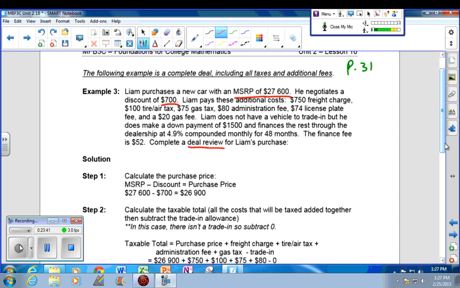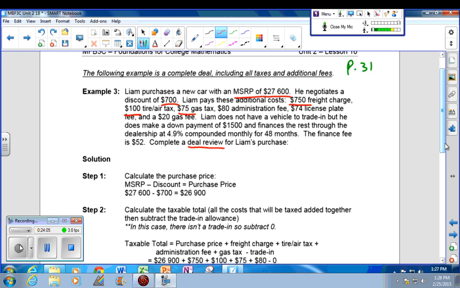Liam pays these additional costs. So there's a $750 freight charge, $100 air tax, $75 gas tax. It's not a gas tax, it's a gas guzzler tax, or a gas consumption tax, for vehicles that have a certain size engine or above. And like I say, it pretty much applies to anything that you drive around in northwestern Ontario.